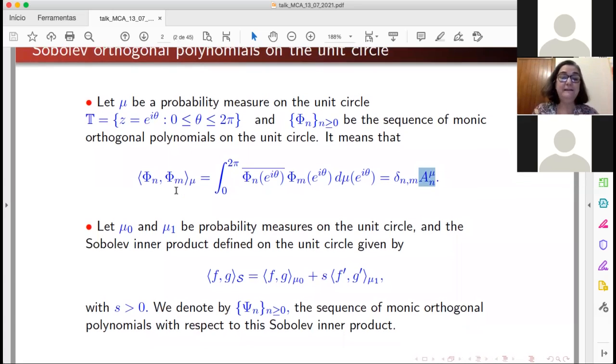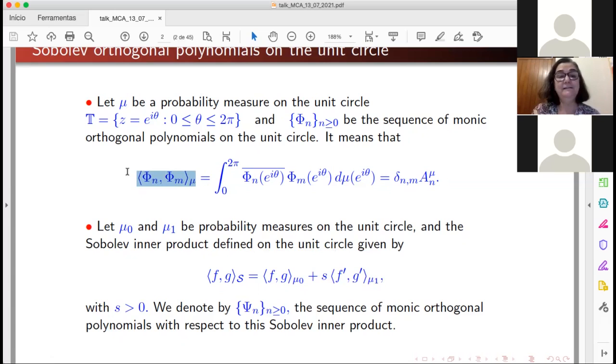For the Sobolev inner product, we need two probability measures on the unit circle. The Sobolev inner product, with S as the notation, is composed of the inner product involving the functions for the first measure, mu 0, plus s, a positive parameter, times the inner product of the derivatives of the functions with respect to the second measure.